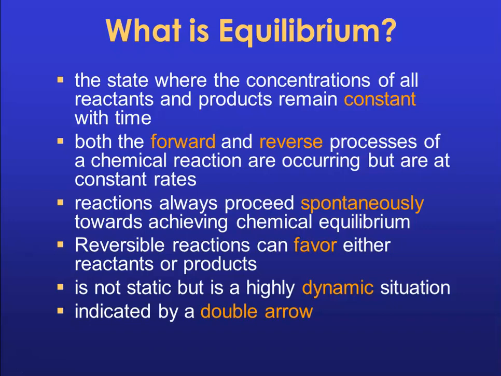And equilibrium basically is a state where the concentrations of your reactants and products are remaining constant. It's not that they aren't changing, it's just that they are changing at a constant rate. So the rates of the reactions, which we just got done studying with kinetics, the forward rate and the reverse rate, are both occurring, but because they're happening at a constant rate, you don't see any noticeable changes.